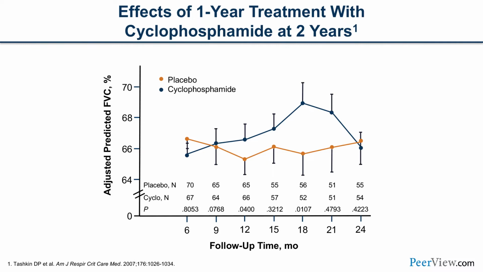I want you to notice the y-axis, which is adjusted predicted FVC. Notice there's really not a lot of difference, although significant at 18 months, between the two curves at that point, where the placebo group adjusted predicted FVC is around 66% and about 69% or so in the treated group.